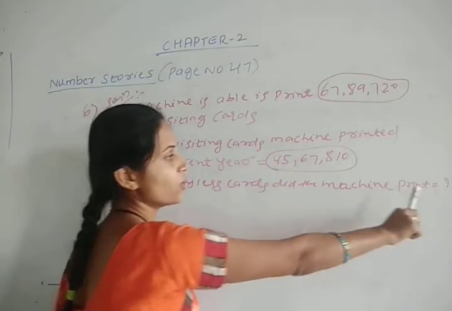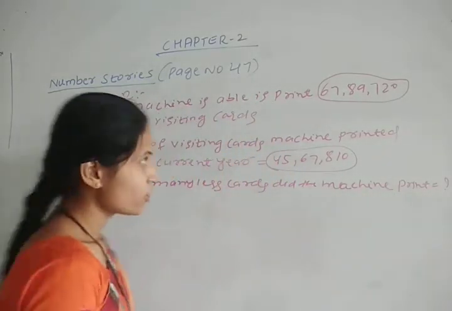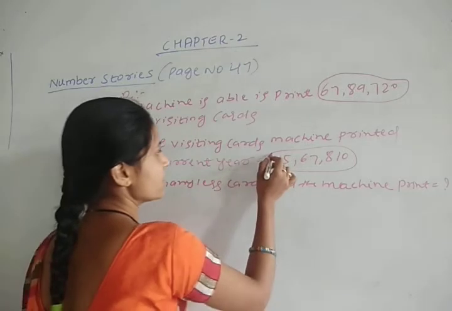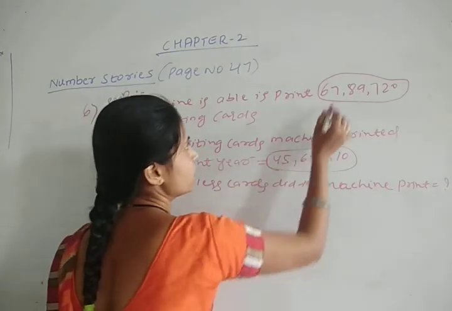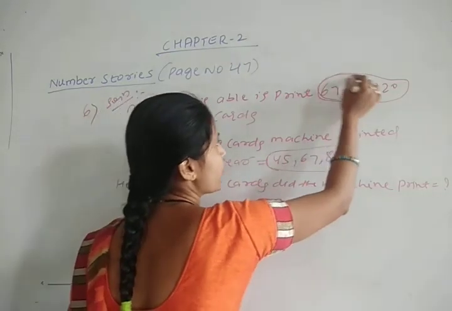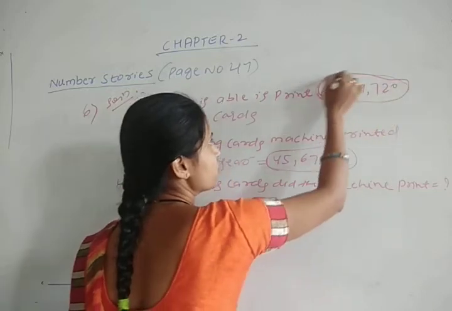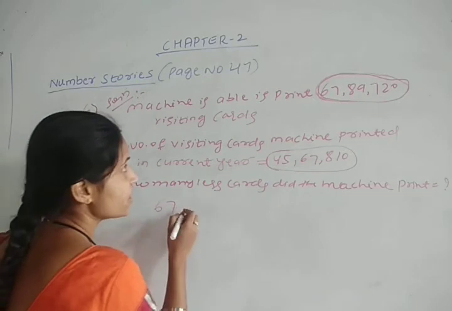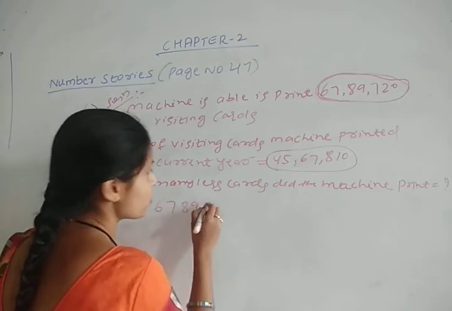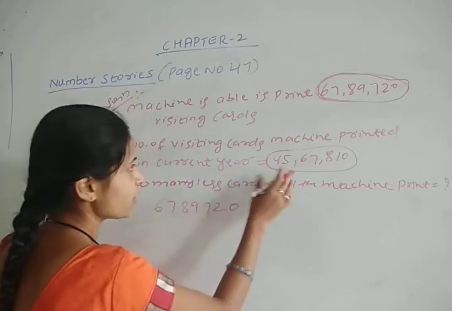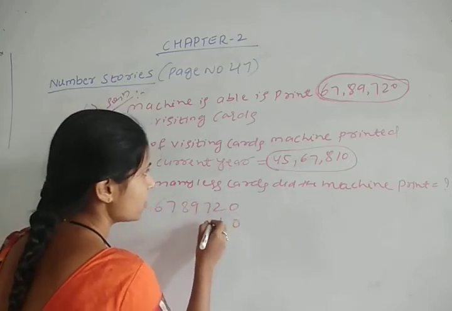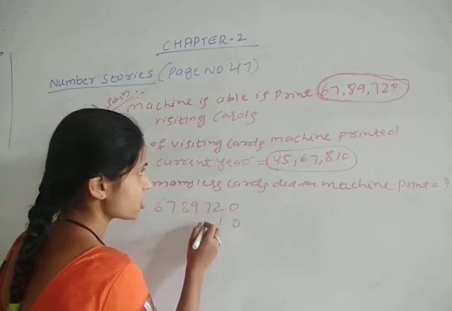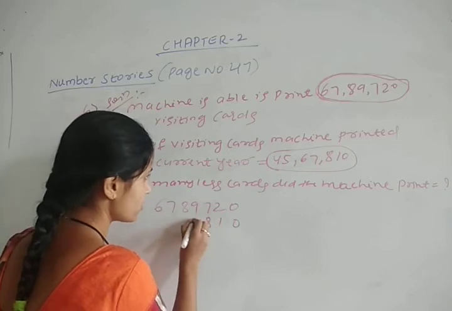That's why I have written the question mark there. Now let us subtract this value from the total number of cards the machine was able to print. Now let us subtract 67,89,720. I will subtract from this 45,67,810.